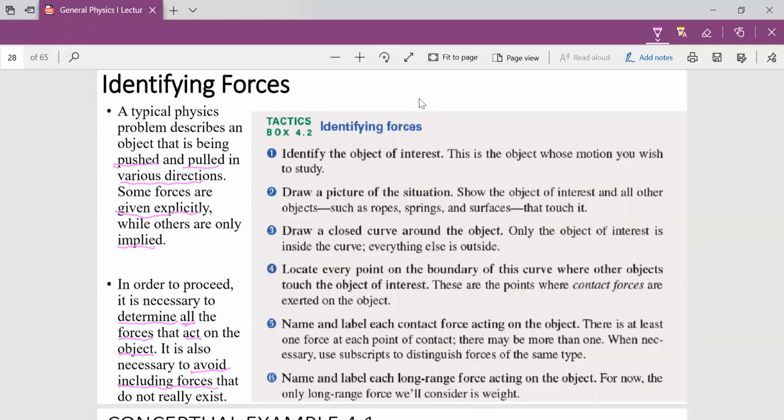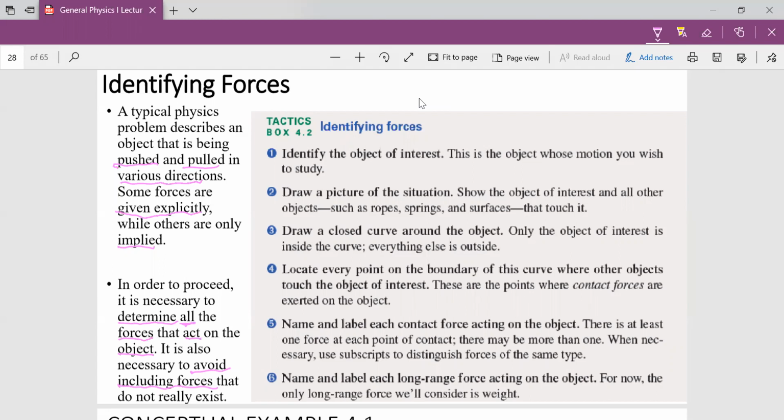So the step-by-step process is what we have put into the tactics box of tactics 4.2. Okay, so before we solve problems relating to forces, that is identifying the several forces that will be acting on an object, we have to follow these basic steps to identify the forces, to avoid including forces that do not exist in the motion experience.